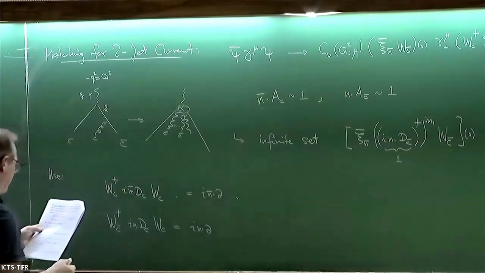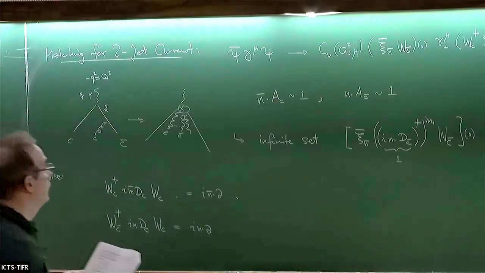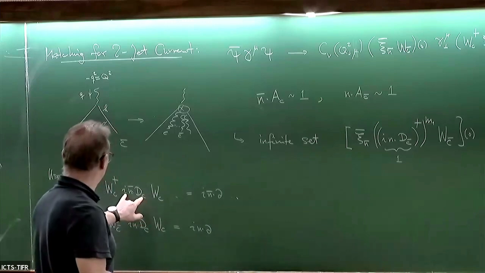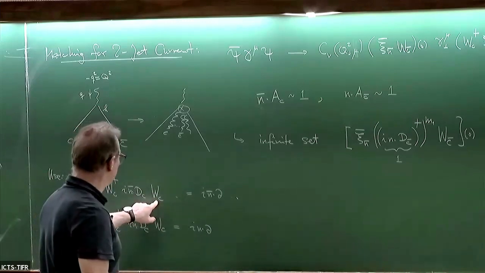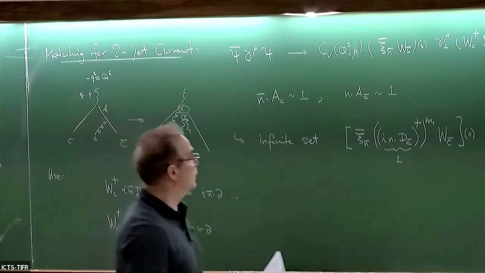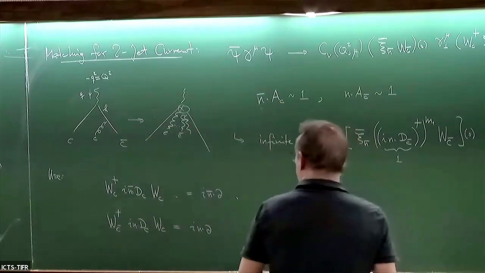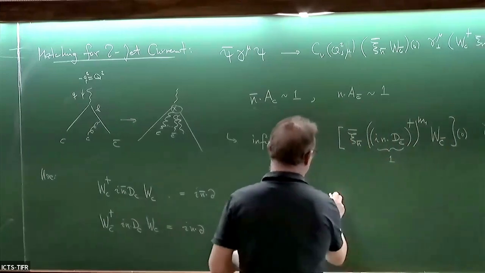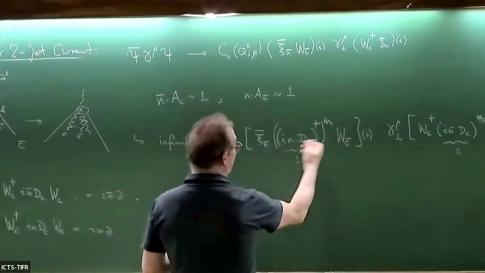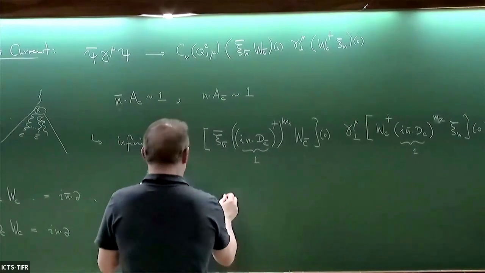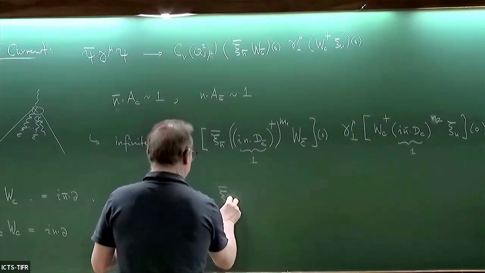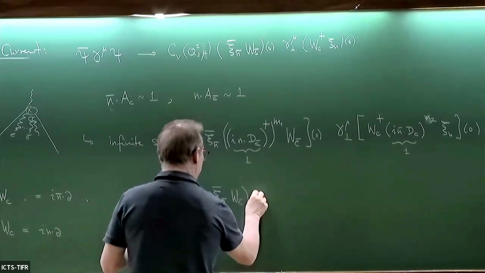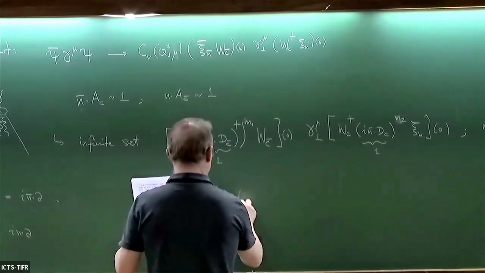And I can use this identity to rewrite this operator, because basically it tells me if we commute a covariant derivative with a Wilson line, it turns into an ordinary derivative. So I can pull these derivative operators out and write this operator in the following form: C bar n bar, W C bar at 0. And now I have ordinary derivatives.